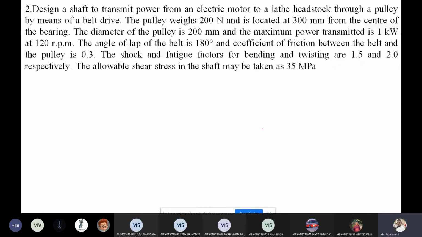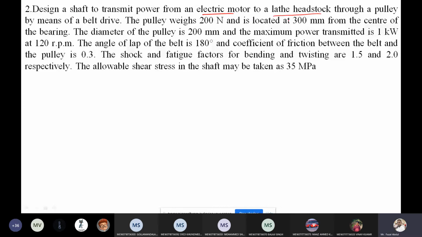Now this is the second problem based on fluctuating loads. See here, design a shaft to transmit power from an electric motor to a lathe headstock.